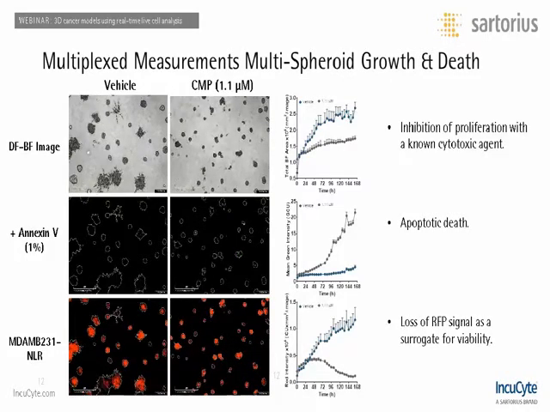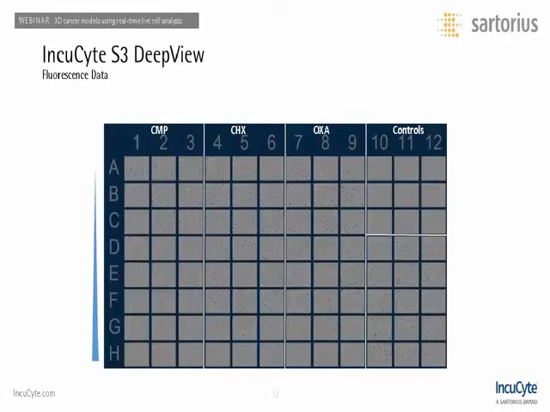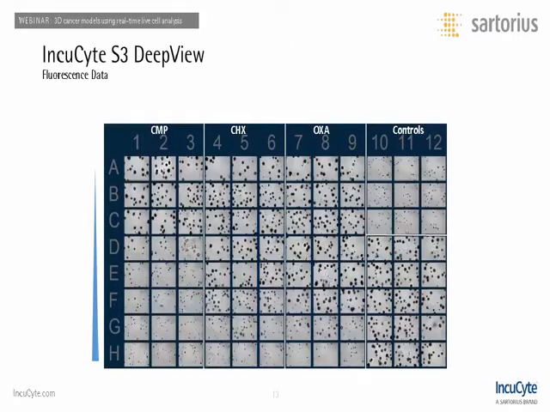monitoring growth and viability. So of course everything I've shown you for monitoring and quantifying growth of spheroids in a label-free manner can easily be achieved using fluorescence as I've just described. Here we have another example of a DeepView illustration, this time of MCF7 multispheroids stably expressing RFP.